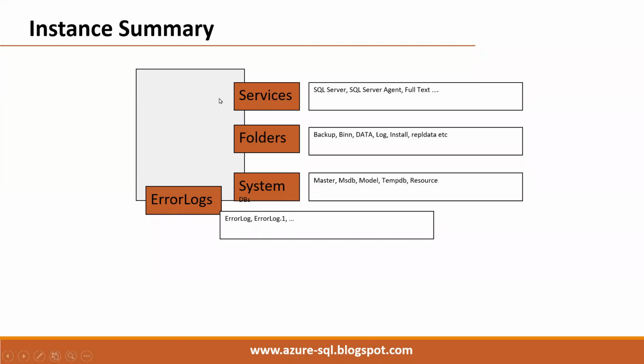See here, every instance has its own services. We have seen that in general we have four. What are the main services here? SQL Server and SQL Server Agent. These two are our main services.